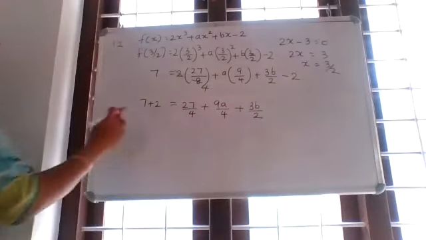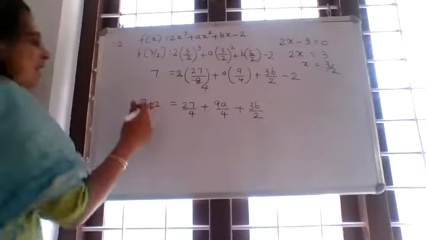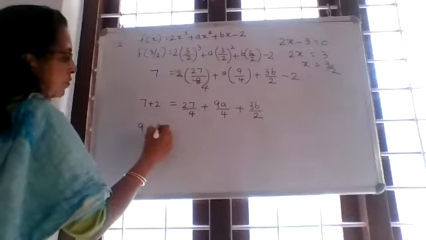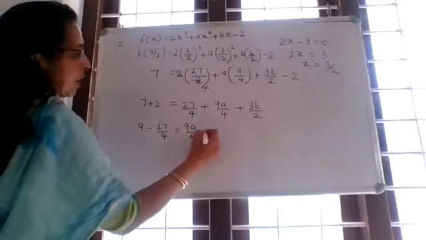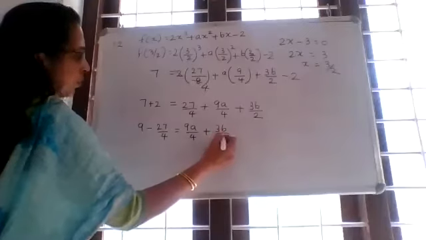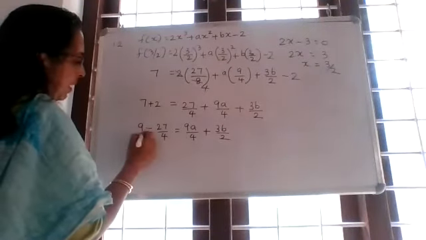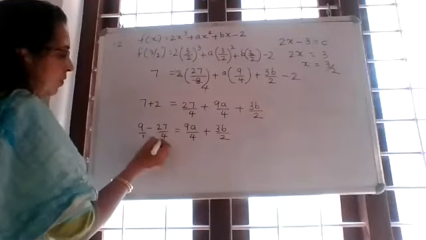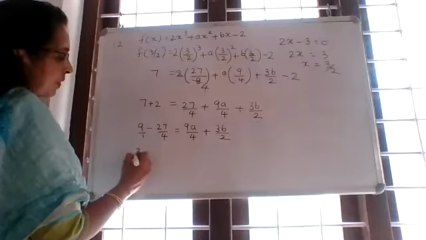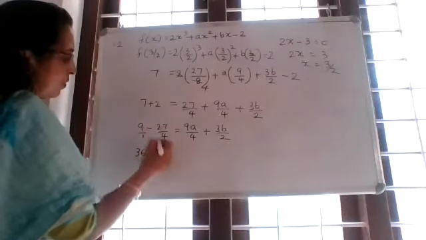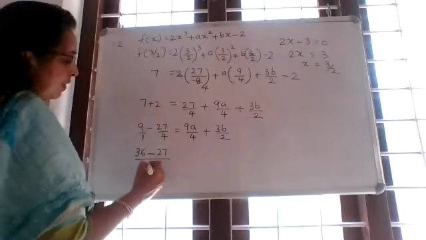Then again we can take this 27 by 4 to the left side. So 9 minus 27 by 4 is equal to 9a by 4 plus 3b by 2. Take LCM, using Vedic maths. 9 can be written as 9 by 1. So cross multiplication: 9 into 4, 36, minus 1 into 27, is 27, divided by 1 into 4 is 4.